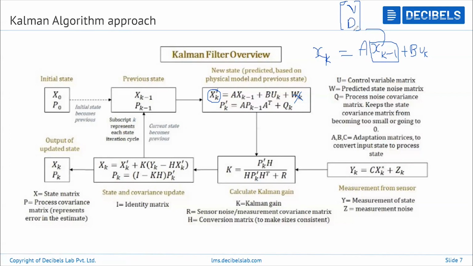So this A will be representing your update equation. So the B will be having the equation for the estimate. I'll just try to bring it somewhere over here.